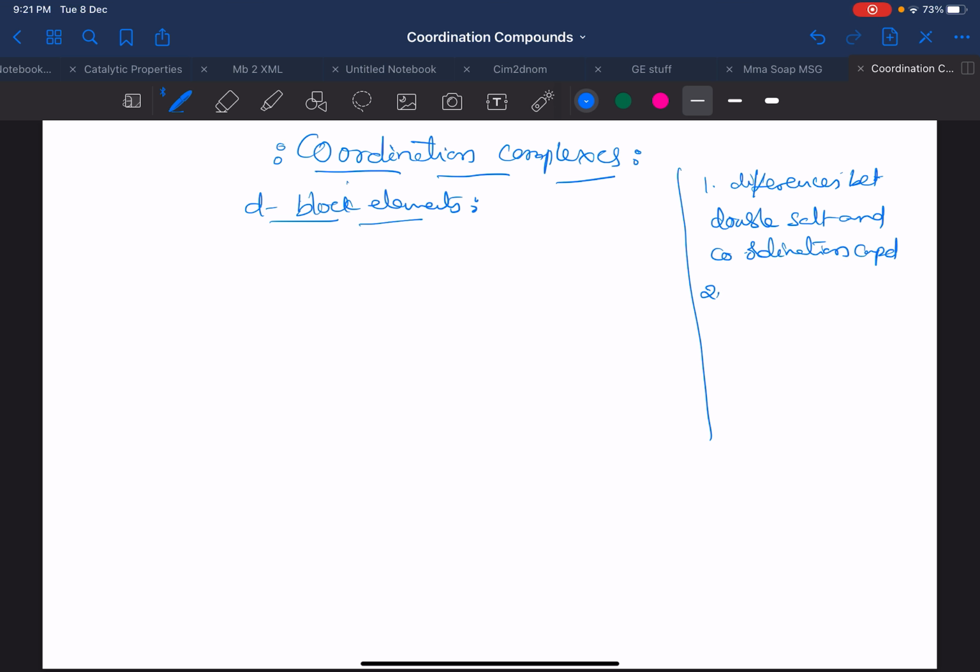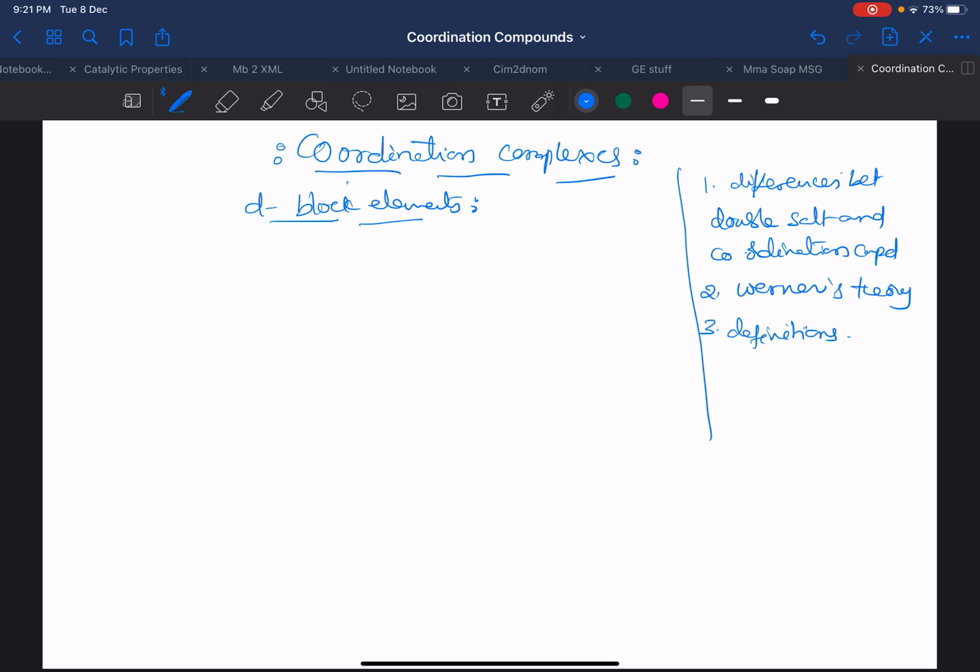The second one is that the physical and chemical properties are described by Werner, so Werner's theory is the important one. And the third one is the terms or main definitions which are used in coordination complexes. So we will study these three topics mainly.